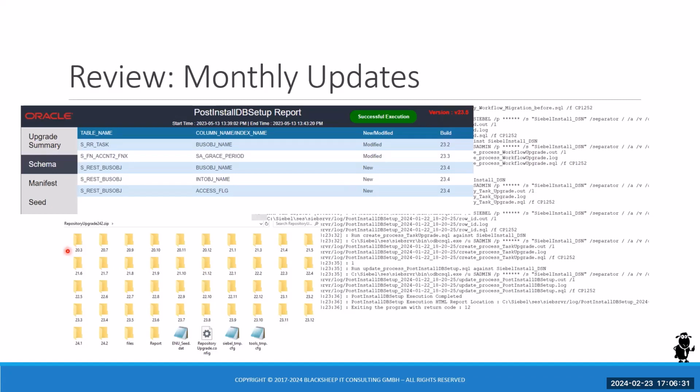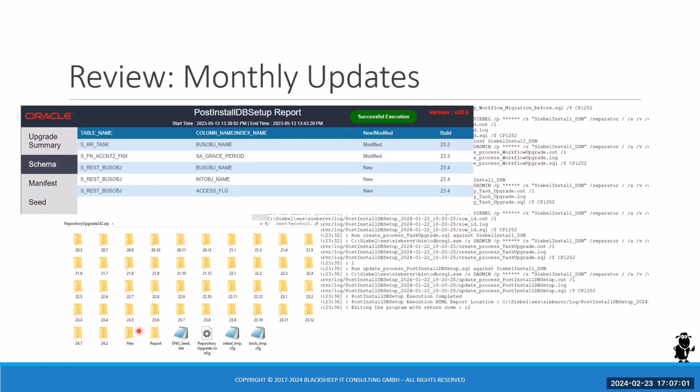So almost 4 years ago, Oracle started shipping these optional packages, which include schema, manifest, and seed data, but also, because that's the namesake, repository upgrades, which are zip files. So if you look into any of these folders, you will find most probably a zip file there, schema files, manifest, or seed files. Depends on the version, of course.